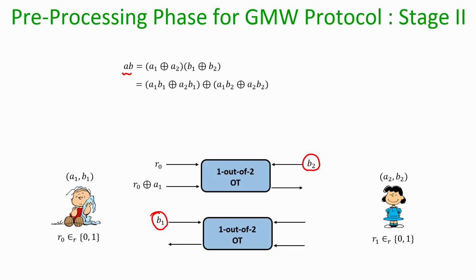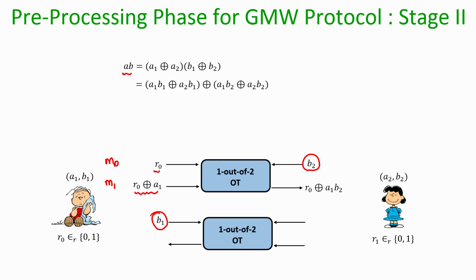So, the first party, where he is acting as the sender, no longer feeds the input 0 and A1 as his two messages, but rather he now feeds the messages M0 and M1, where the message M0 is a random bit R0, and the second message is the masking, or the one time pad encryption, of his A share with R0 as the pad.